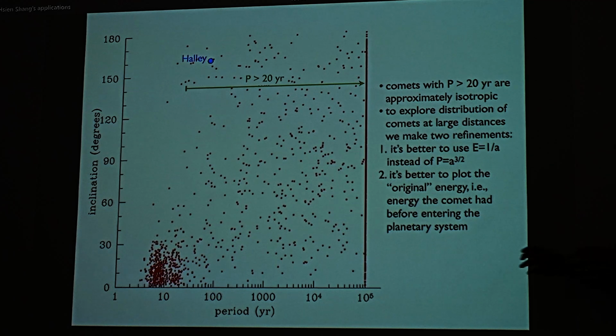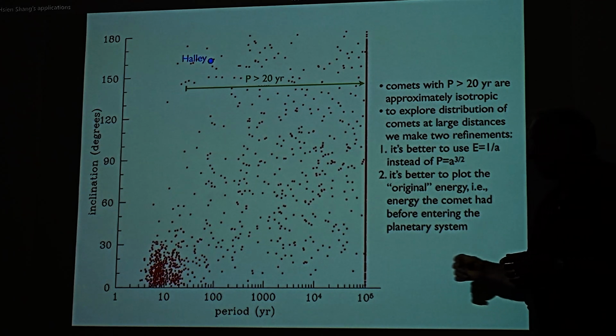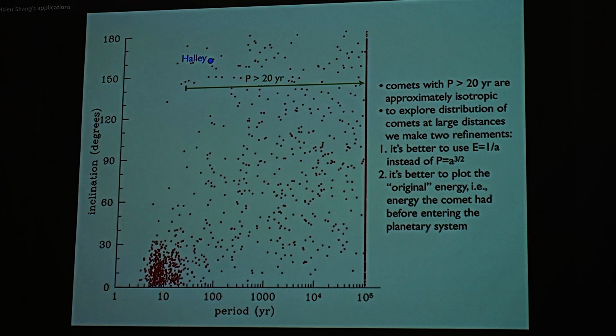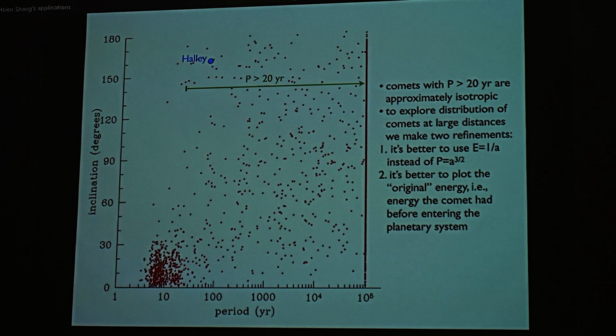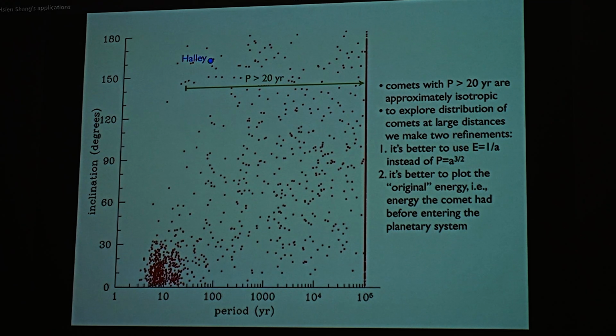The second complication is that the comets that we see are at a distance of a few AU or even smaller. And at those distances, the comets have already passed by all the giant planets. The giant planets exert gravitational forces which change the energy of the comets.